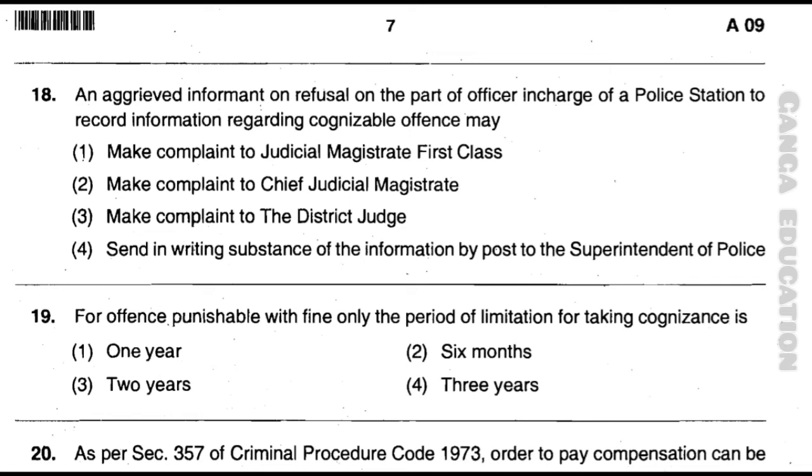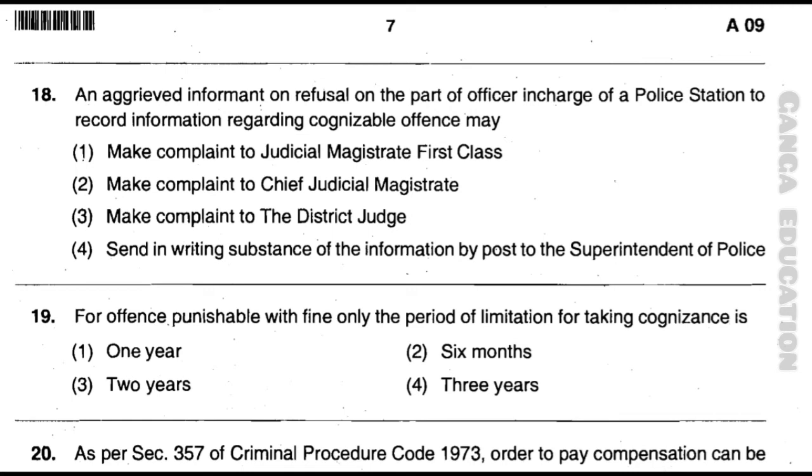Option number 3, make complaint to the district judge. Option number 4, send in writing the substance of the information by post to the Superintendent of Police. And the correct answer is option number 4, send in writing the substance of the information by post to the Superintendent of Police.